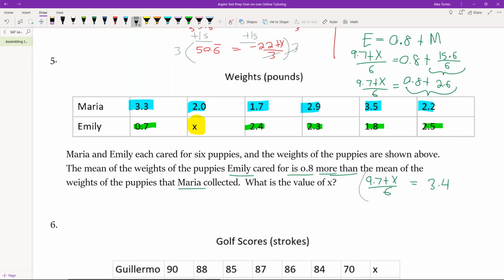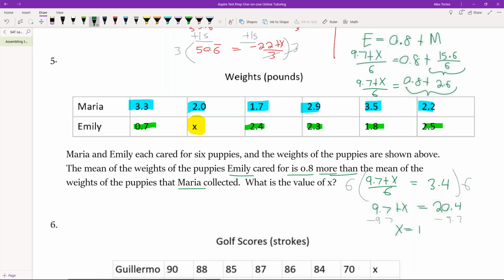Now we can multiply both sides by 6. And you have 9.7 plus x equals, and 3.4 times 6 is going to be 20.4. And now you can take away 9.7 from both sides.